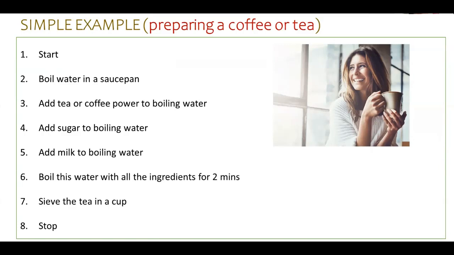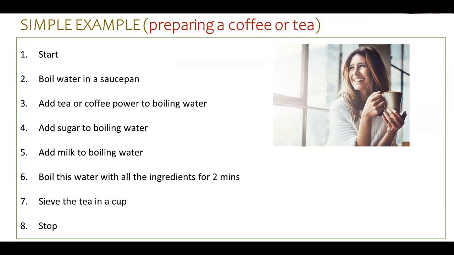Here, what is your problem? The problem is preparing a coffee or tea. You don't know how to prepare a coffee or tea, so this algorithm helps you step by step. The algorithm says you can start your procedure, take one pan, pour some water in it, and boil it for some time.